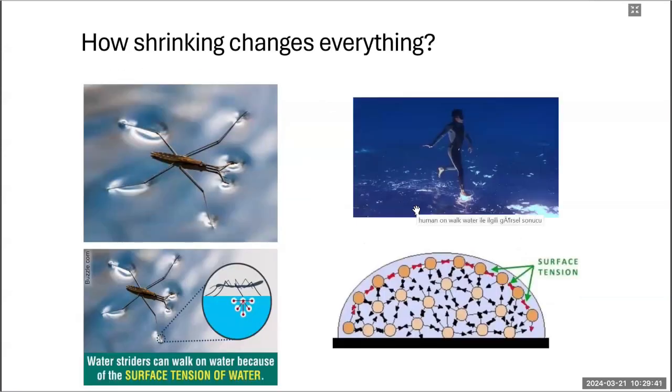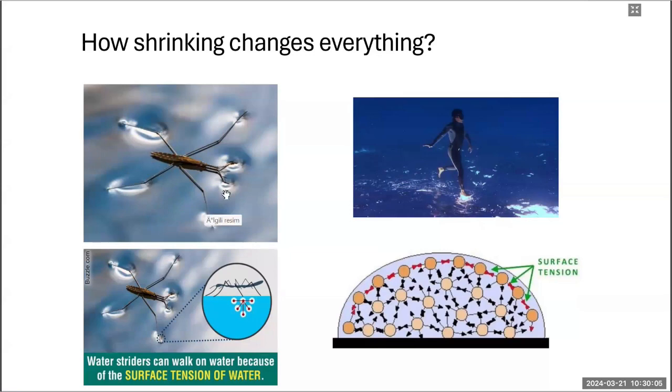Now, I will give another example of shrinking. Maybe you have seen this spider walking on the water, right? If you go to the countryside or any village side, in the river water sometimes, you can see this type of spiders. So how is it actually doing this?